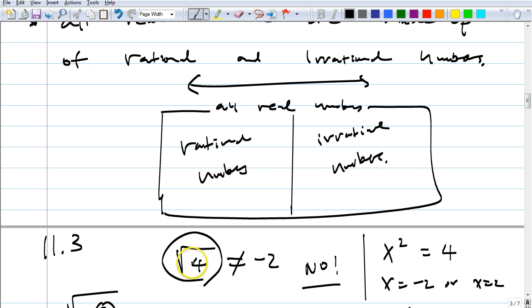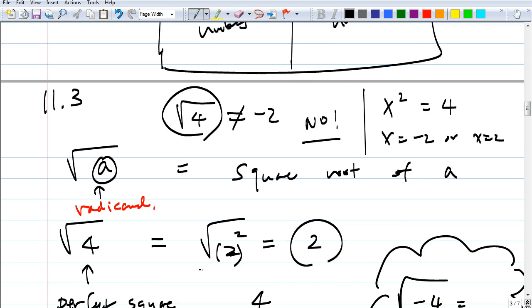So here we're simplifying, and here we're solving. When you're solving, you're looking for every possible solution. Here, what does the positive square root of 4 become? It's not -2, because a positive number can't be negative. It equals +2. Question? What's the plus minus? Oh yeah, we'll get there in a minute. Good question.